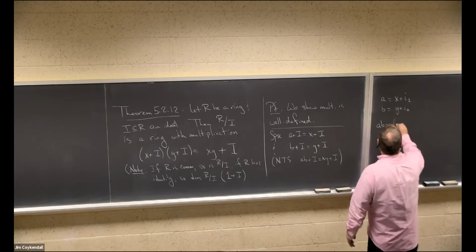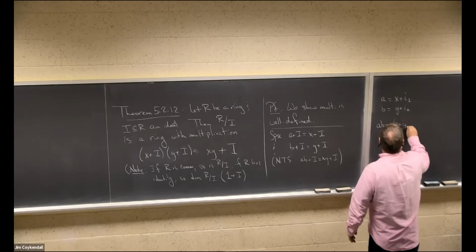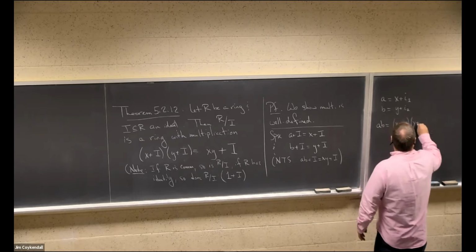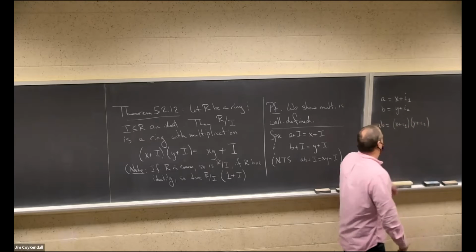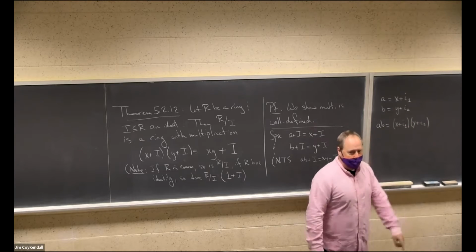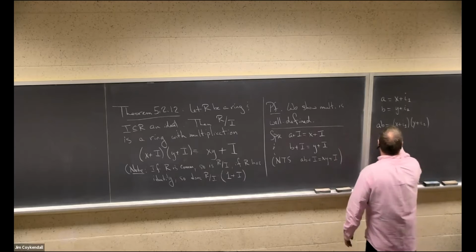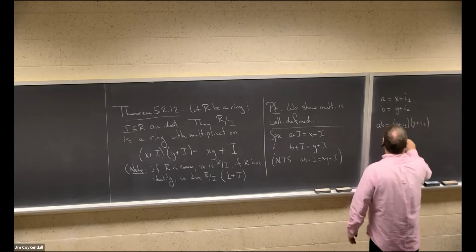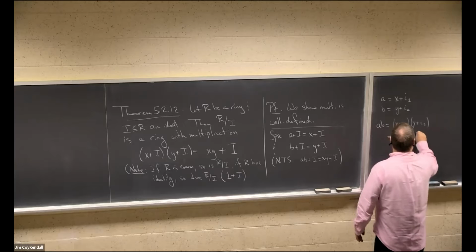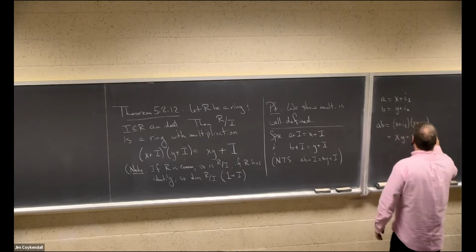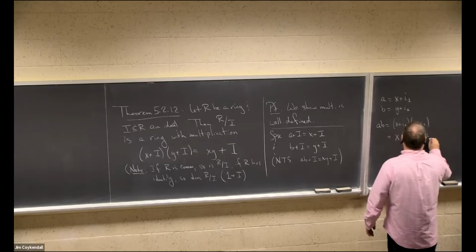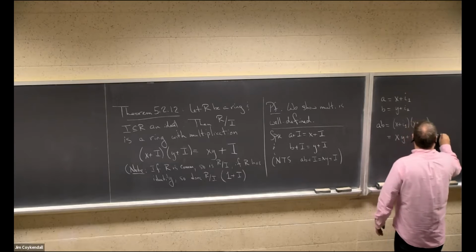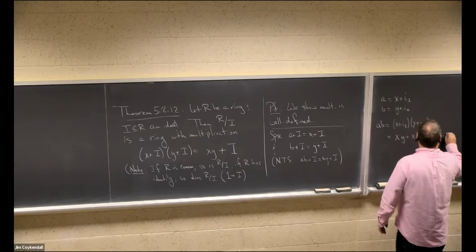This is X plus I1 and Y plus I2, and you just FOIL that up. Be careful with your FOIL though, because the ring is not necessarily commutative. This is XY plus X I2 plus I1 Y plus I1 I2.